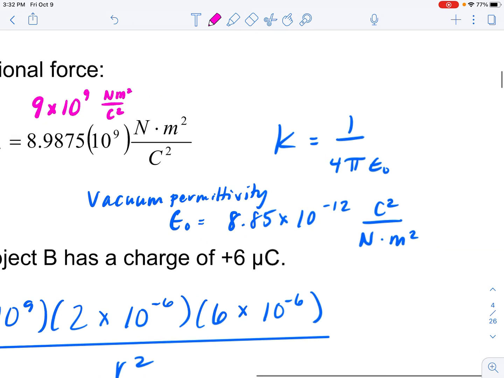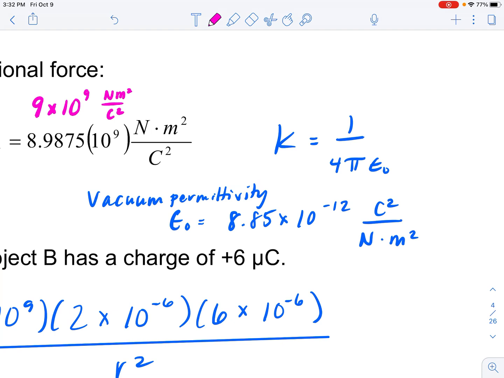Technically, K comes from a concept called vacuum permittivity, which has to do with how easy it is for a spark to jump across two charged plates. We'll be talking about that more in section 7 of this unit when we talk about capacitors.